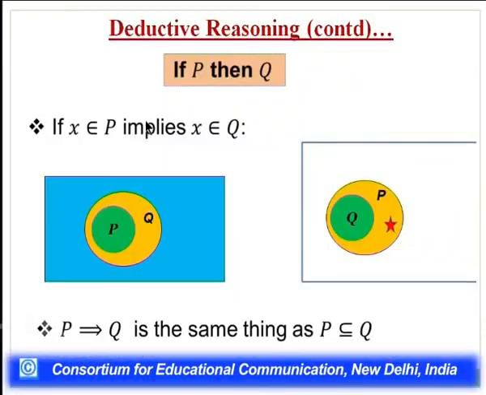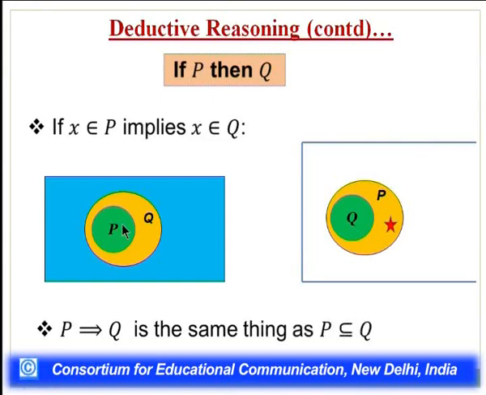Let's suppose a proposition P is represented by a set P, and if I have a member X which belongs to P, and this implies that X also necessarily belongs to Q, then in terms of a Venn diagram, this is represented as P implies Q, or P is a subset of Q. And you can see here, let's suppose this element is lying in P, so automatically whenever P is true, Q is also going to be true here.